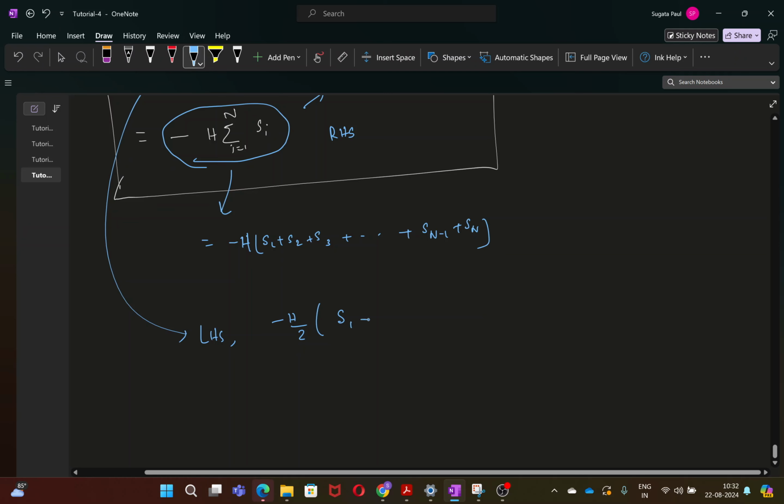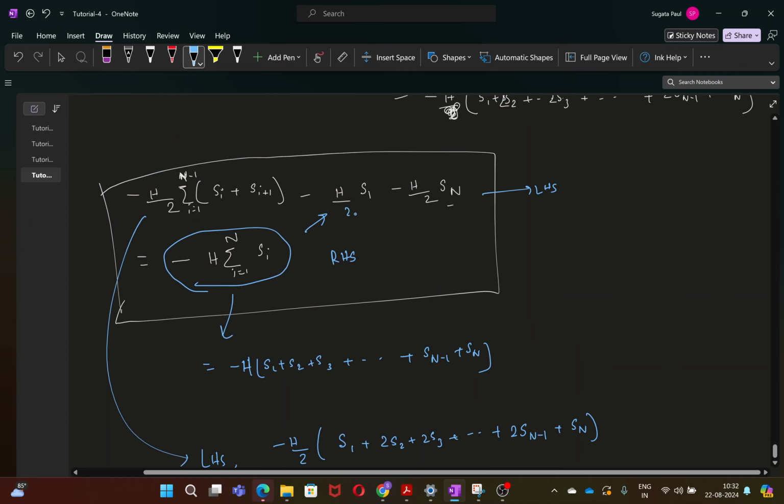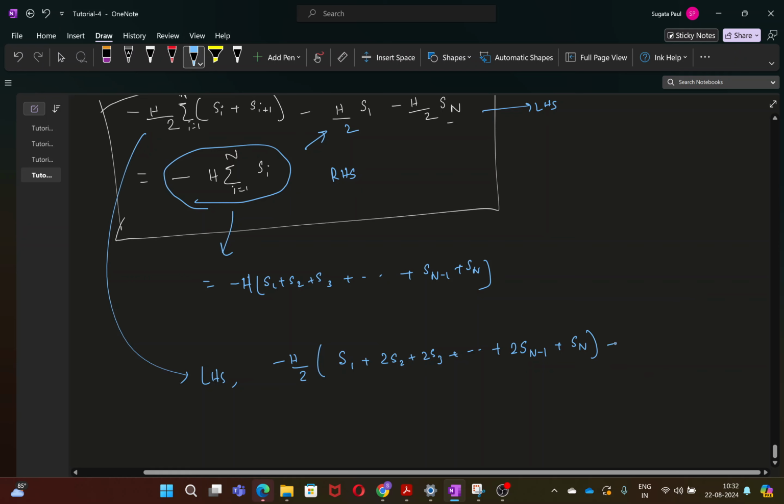That means S1 plus 2S2 plus 2S3 plus all the other things with the 2 factor, up to 2S n minus 1. And also, we have the 2 factor removed from here. So this is minus h by 2 S1 also and minus h by 2 Sn also.